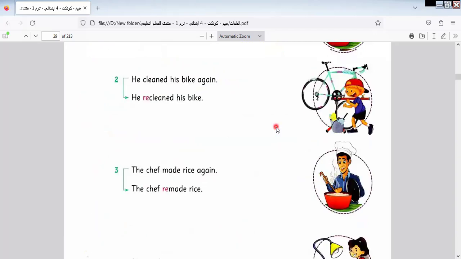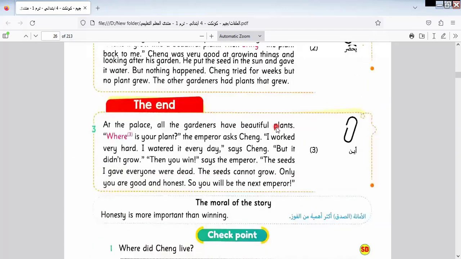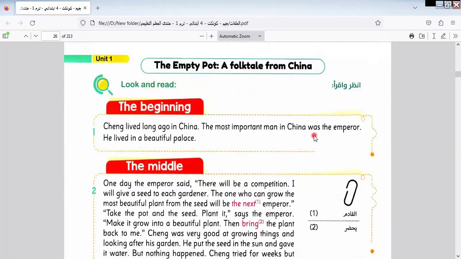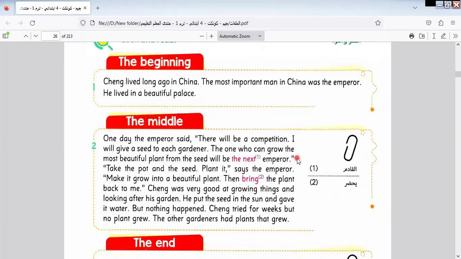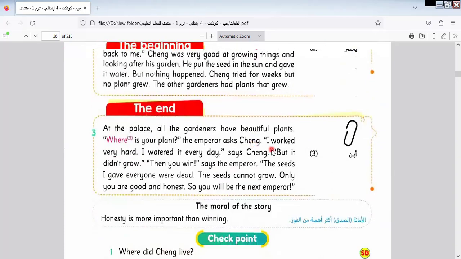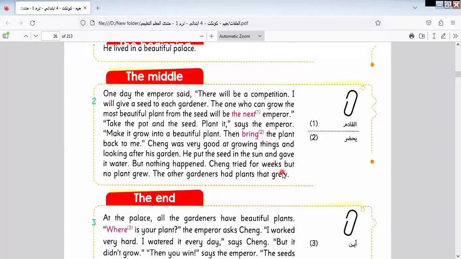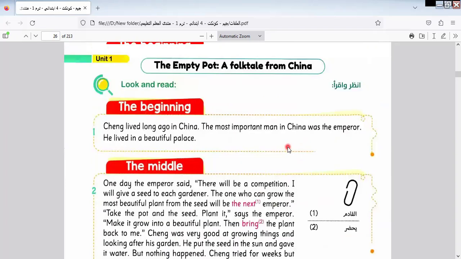We return to the text to know so. Cheng is the gardener who takes care of what? Of the garden.